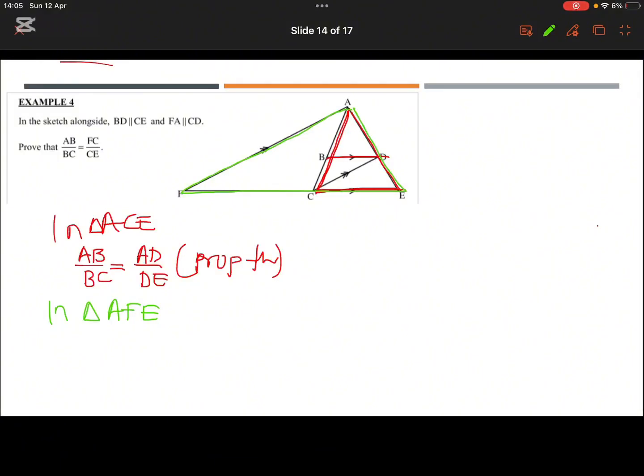Taking a look at that triangle, we now can see that FC, which is the side here, FC divided by CE will be equal to AD divided by DE.